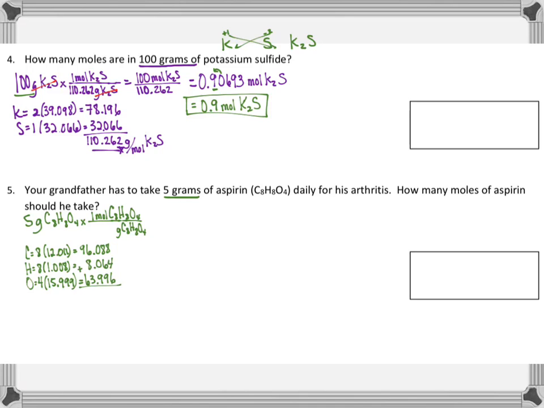Again, I'm going to add all these 3. And I end up with a molar mass of 168.148. My unit is grams per mole. And I'm talking about aspirin.